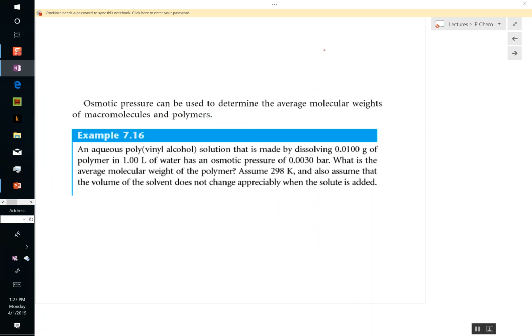Any other questions about chapter 7? Did you do 7.35? Not yet, I haven't. Because the author got 2.78 molar and I got 2.61. I don't know why.